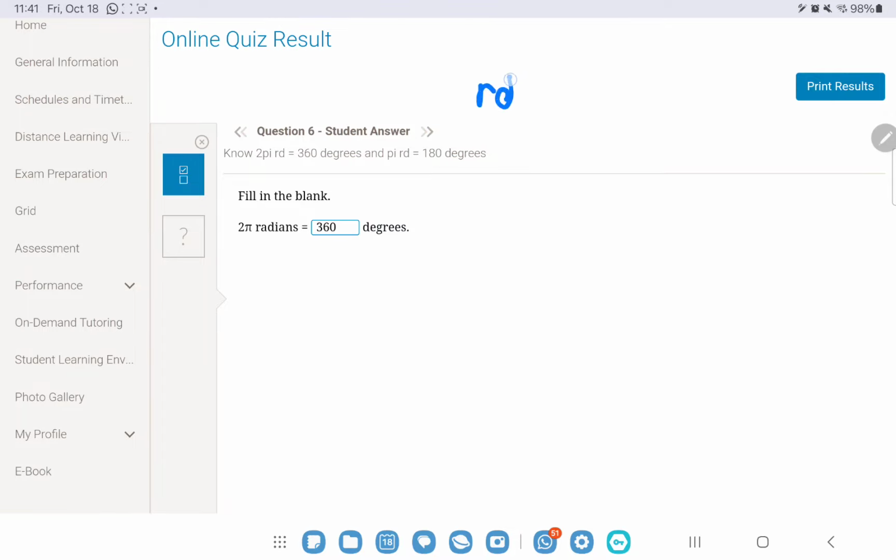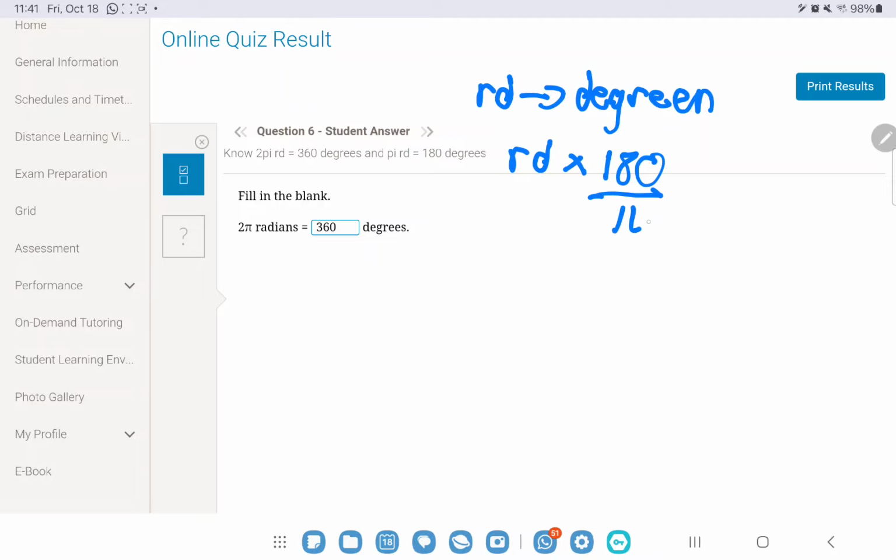When you want to move from radians to degrees, you need to do radians times 180 over pi. That's it. Now when you want to move from degrees to radians, it's degrees times pi over 180.